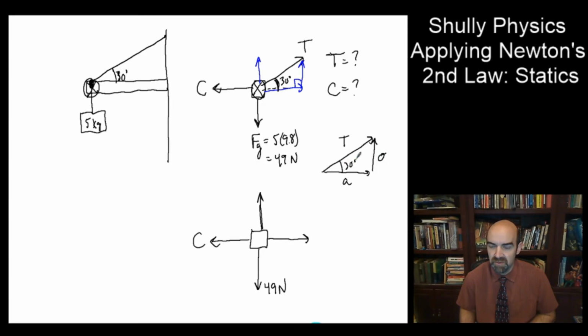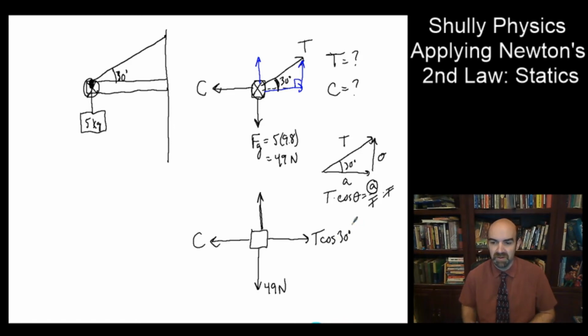And we have the 30 degrees. So if we want to know A, cosine of theta is adjacent divided by hypotenuse. And if we multiply both sides by the hypotenuse, the T's cancel, and the adjacent side is equal to T cosine theta. So this side to the right is going to be T, we don't know the T, cosine of 30 degrees.